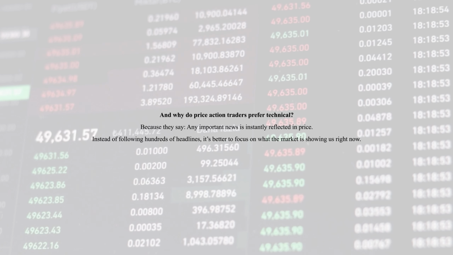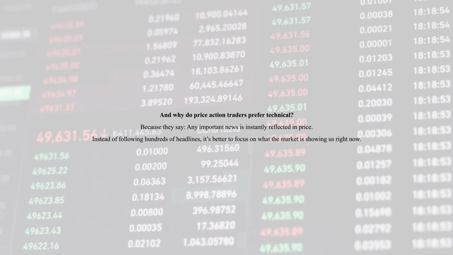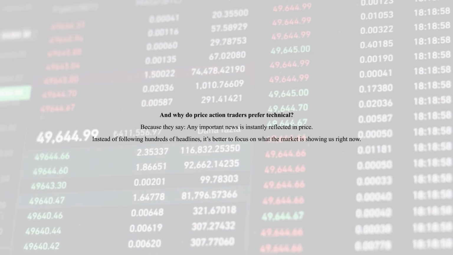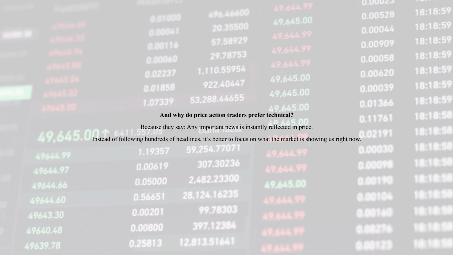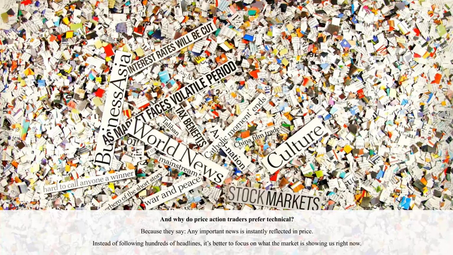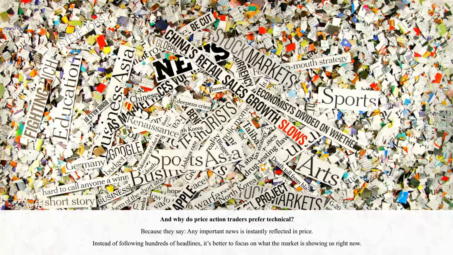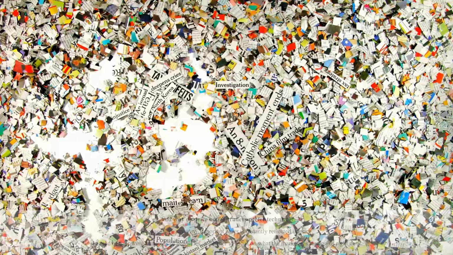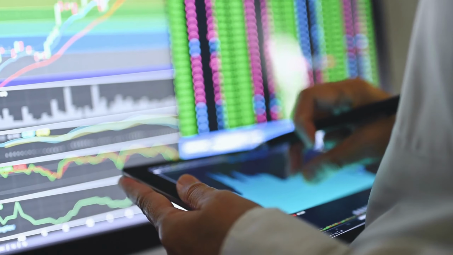And why do price action traders prefer technical? Because they say, any important news is instantly reflected in price. Instead of following hundreds of headlines, it's better to focus on what the market is showing us right now.